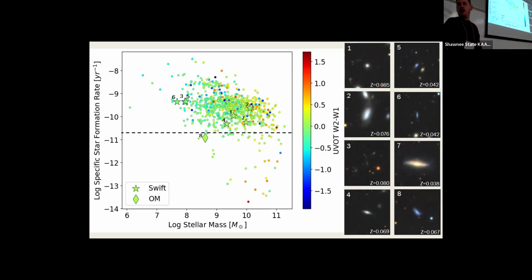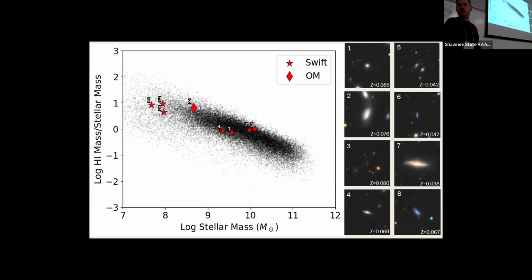But we also look at the gas fraction. So we look at this in terms of the gas fraction versus stellar mass. The black points come from a paper by Drabala, and we're just comparing to this trend. So one thing we notice in particular is if you look at sources 1 and 4, those down there are on the low end of that trend.